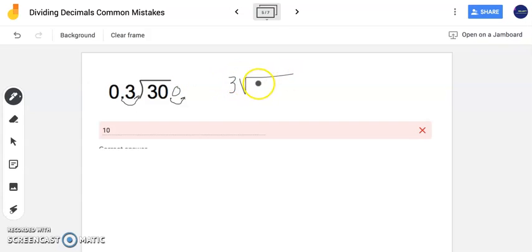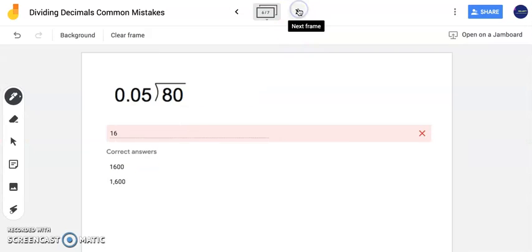So you're doing 300 divided by 3, which you're going to be left with 100. Not 10, 100. Make sure you finish all the steps, okay? Yes, you need to eliminate your decimal point in your divisor, but don't forget if you're multiplying by 10, you also need to do that to your dividend.